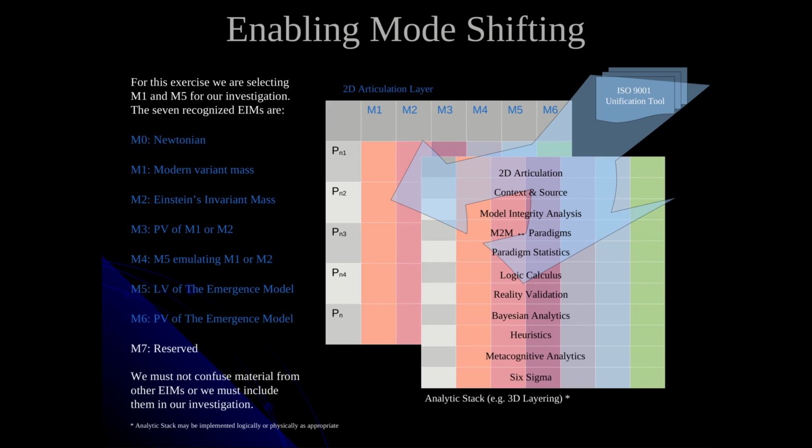But the point there is that if you're exploring chemical linkages, or you're exploring interaction relationships in terms of some physical processes or phenomena, then it's a useful tool to be able to take M5 and emulate M1 or M2, and that's the purpose of M4.